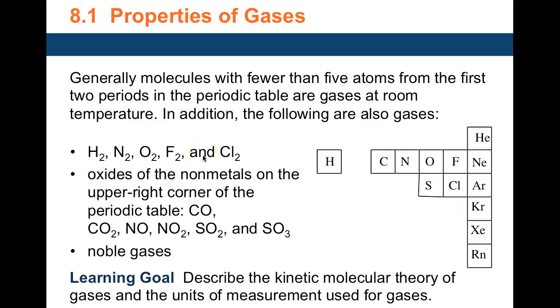All right. So we talked about those 7 diatomic gases, which are elements at room temperature, and they are hydrogen, nitrogen, oxygen, fluorine, chlorine, bromine, and iodine.